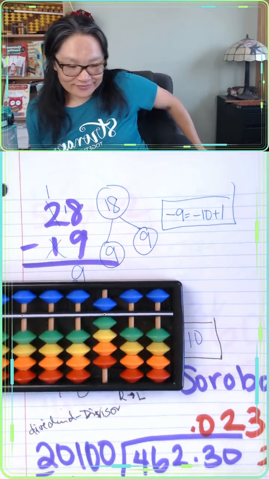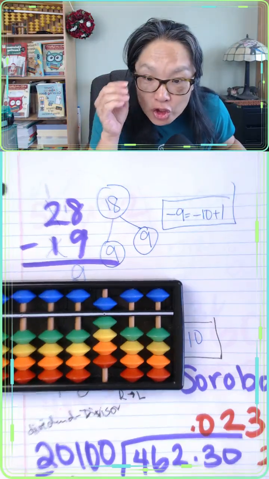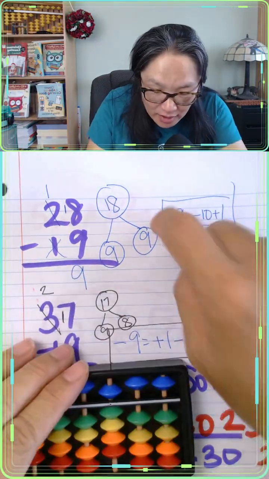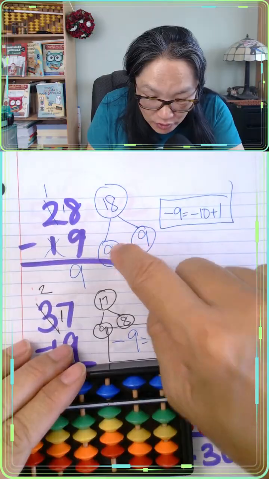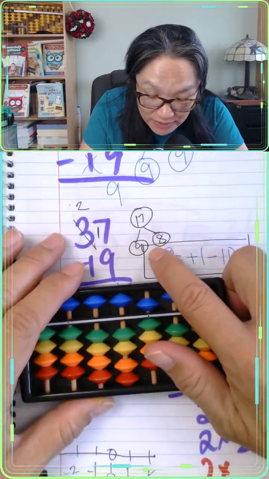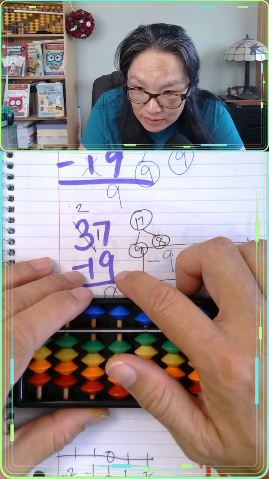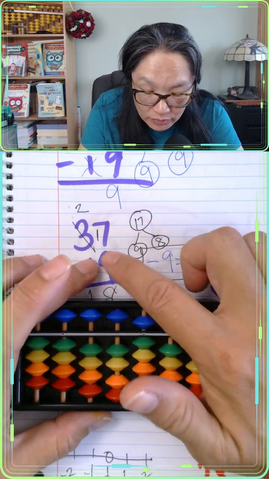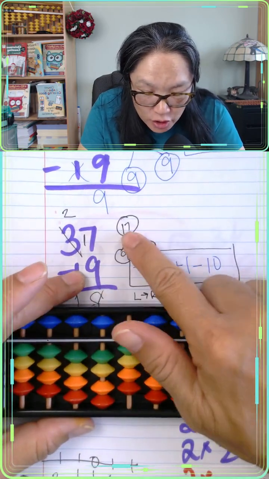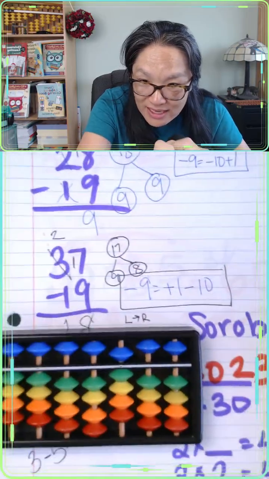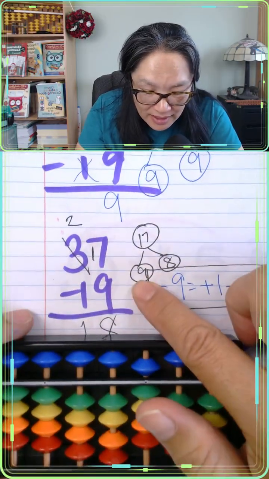Oh, I can see everything. You don't need to memorize your 9s. Look at this one. Let me take it another step. 37 minus 9. You need to memorize 17 and 8, 7 and 9 and 8.